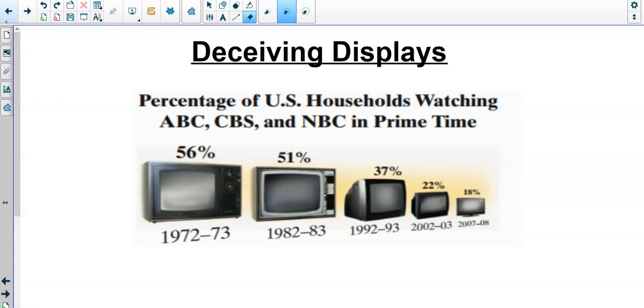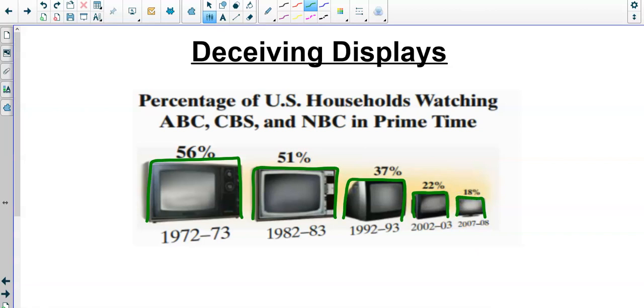So, hopefully one thing I hope you notice is the size of the pictures. That's deceiving, guys. If they're trying to make this look like a bar graph, these bars are different widths. Look at this bar. And then there's this bar. And then there's this small bar. And my bars keep getting smaller in width. Okay?